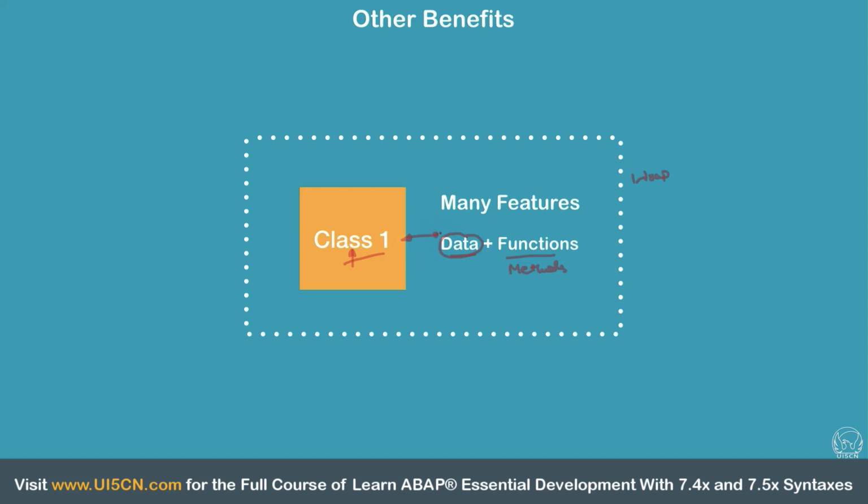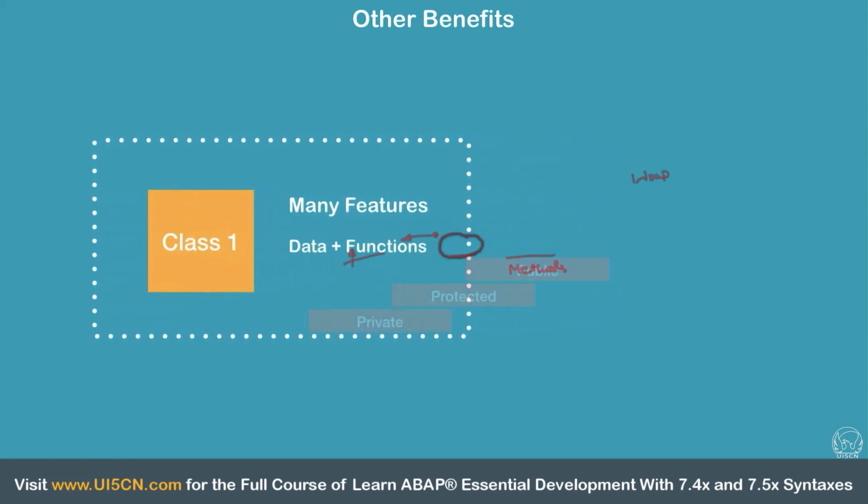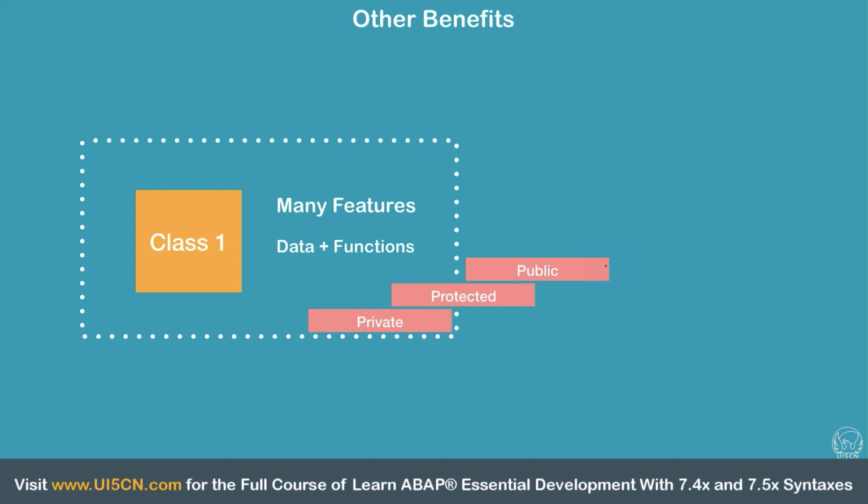You also have the capacity to export functionality to the outside world in a controlled way. You have a public section within the class which is accessible from the objects created for that class, and there are certain variables or properties which are not accessible from the object.